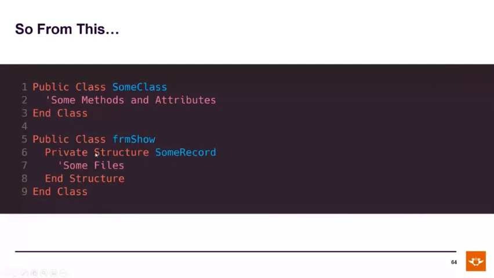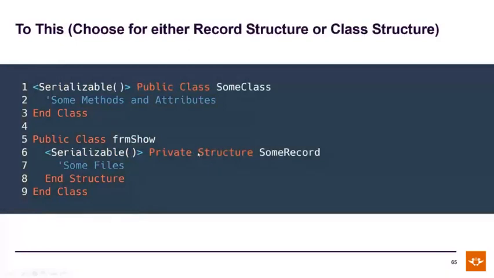Sorry, I'm saying private, but it's before the modifier. You'll have the serializable tag. The only thing the serializable tag does is give you permission to convert it. All it says is this can be converted for a stream.